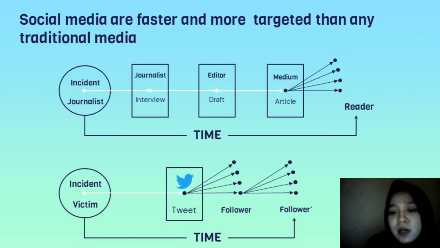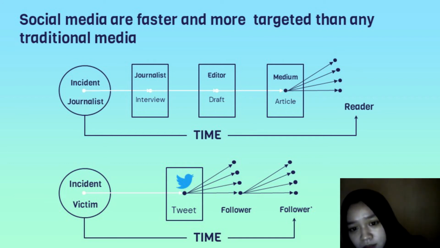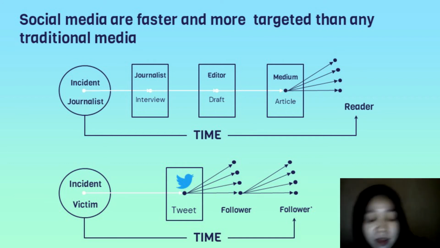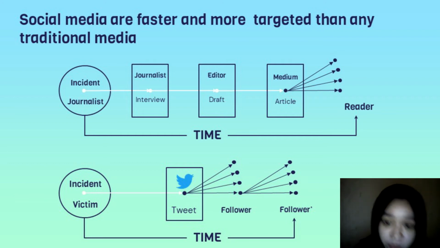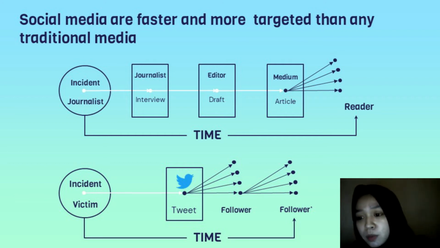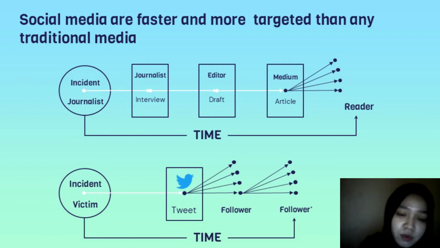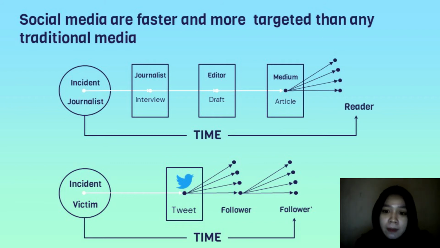The journalist must go to the editor, and their writing will be put in draft first, and it will be published in a couple of days or a few days, or if it's important, maybe in an hour. But it takes time. It takes time.